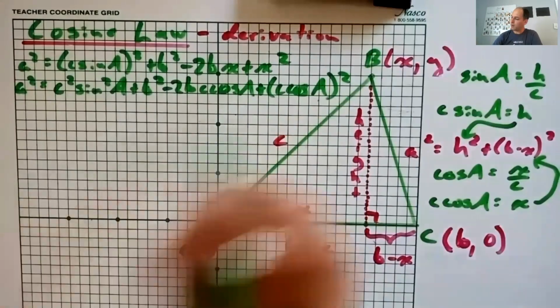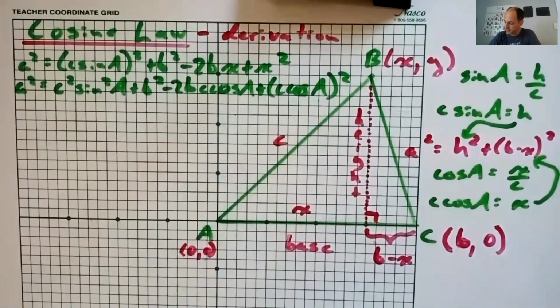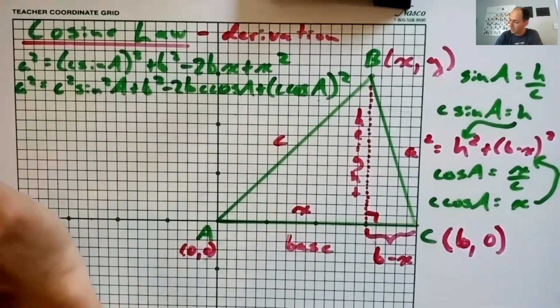Now I'm going to write the square of c cos A up with c squared sin squared A, because we're going to be able to reduce this long equation.